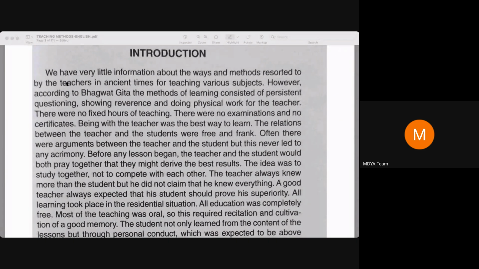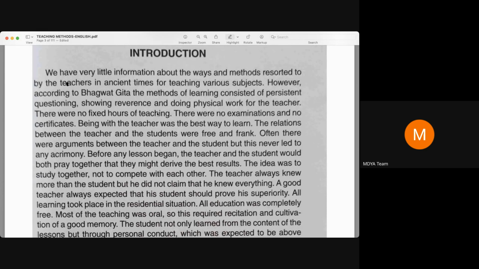So I'll share it again then. Now is it visible? Yes, ma'am. Okay.